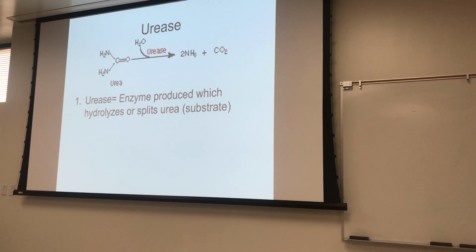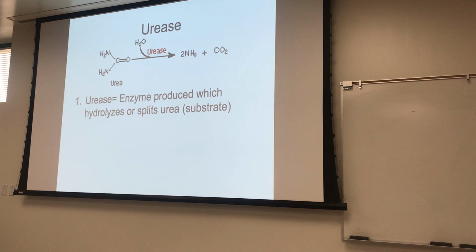Is urea something that we have in our bodies? Definitely yes. So this is an enzyme that basically just uses water to break up urea. The big question is, where does the urea exactly come from?